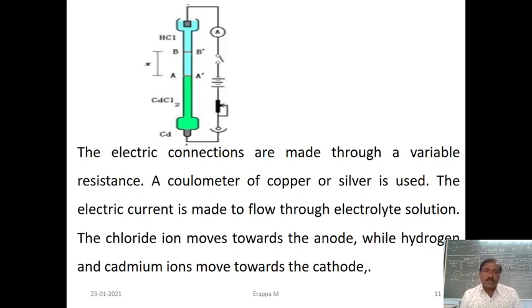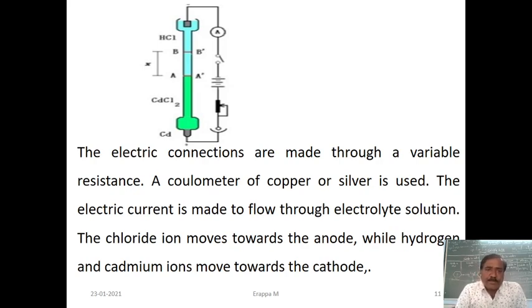As shown in the figure, here it is a long vertical tube, uniform. At the top is one electrode and at the bottom is another electrode. In the top it is a platinum electrode and the bottom is a cadmium electrode, connected with an ammeter, a resistance box and a coulometer.